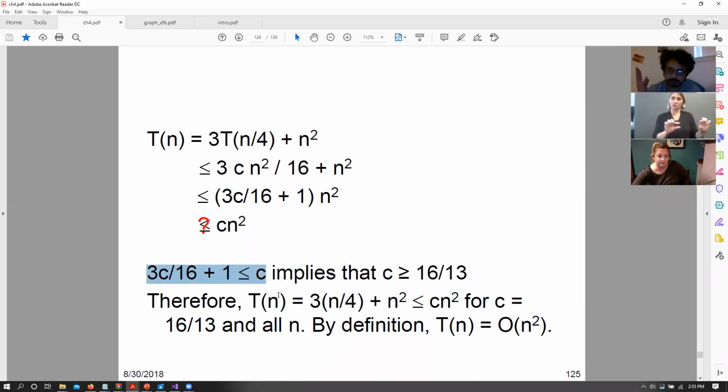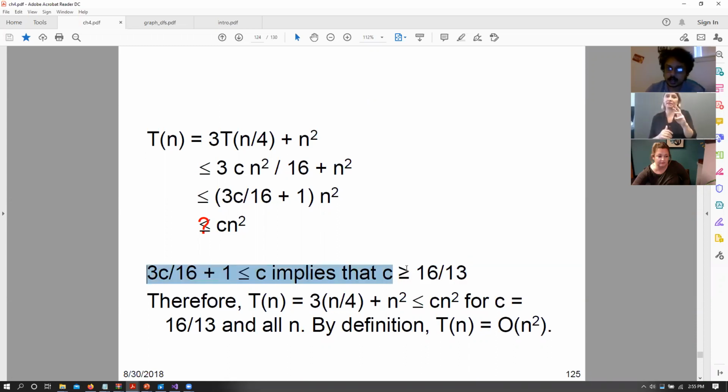So by mathematical magic, I mean, you guys can understand how this goes, right? Multiplying by 16, it becomes 3c plus 16 over 16, so we have 3c plus 16 less than or equal to 16c. And in general, we have c greater than or equal to 16 by 13, because we are swapping the values and subtracting 1.